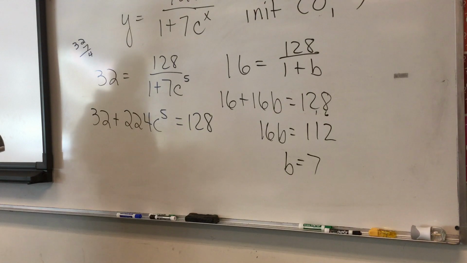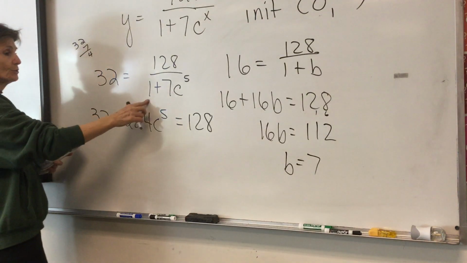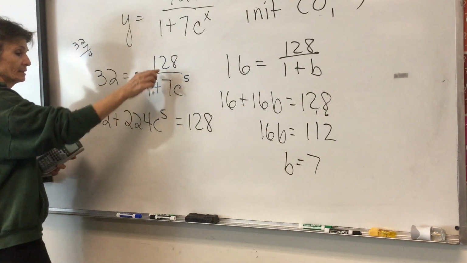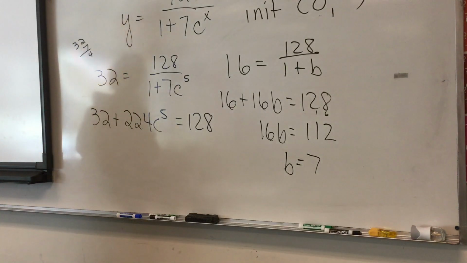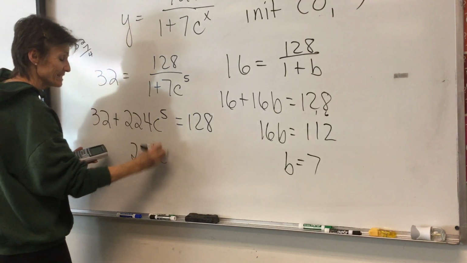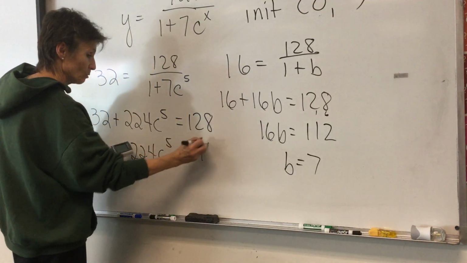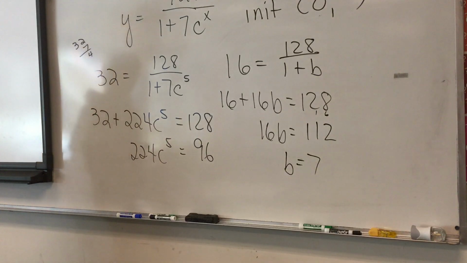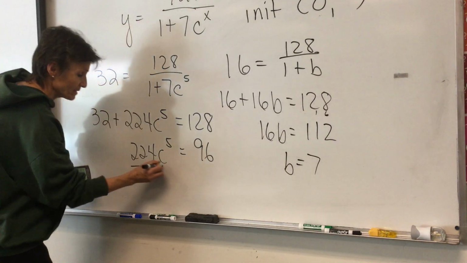So 32 times that equals 128. So 224 c to the 5th equals 96. Now I'm going to divide by 224.